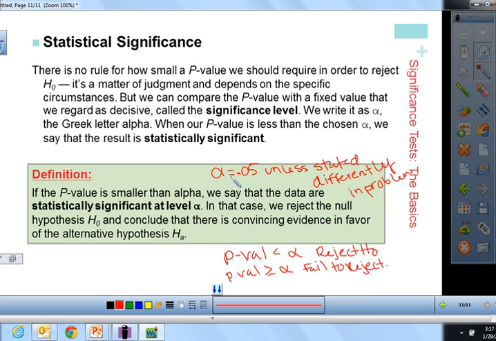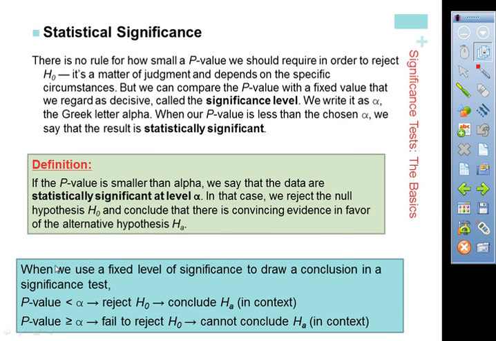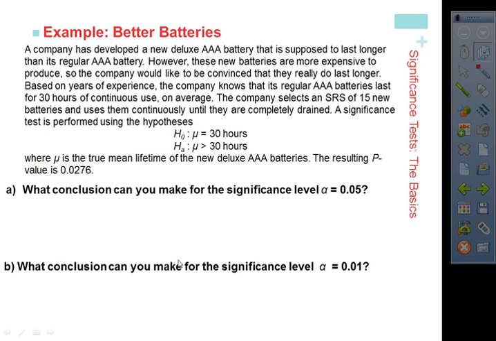So we'll always assume alpha is 0.05 unless they state it differently in the problem. So here we go. If p-value is less than alpha, we reject the null and conclude the alternative in the context. If p-value is greater than alpha, we fail to reject. All right, and alpha is always set before we actually do any testing.